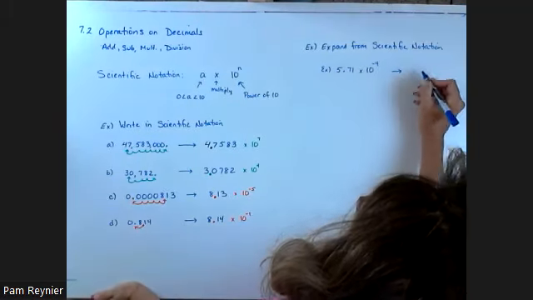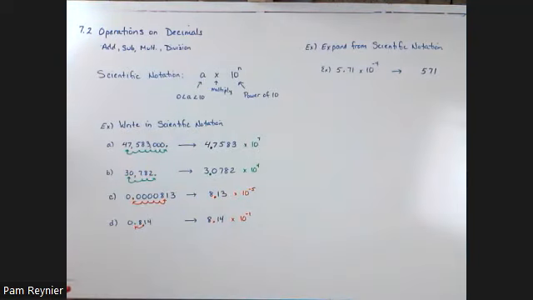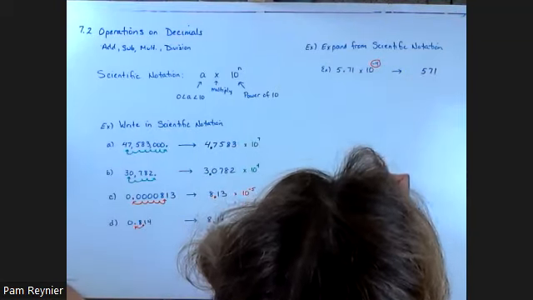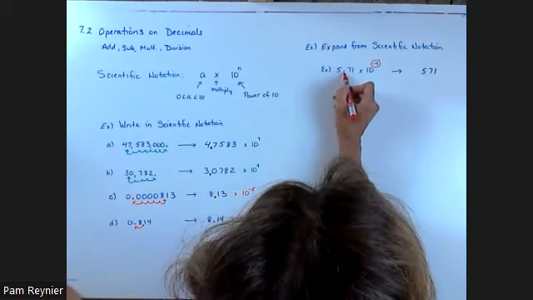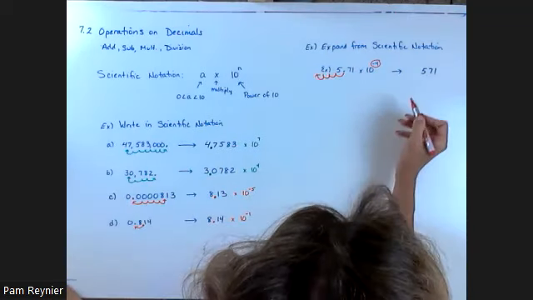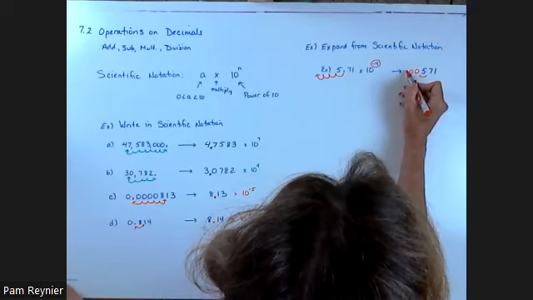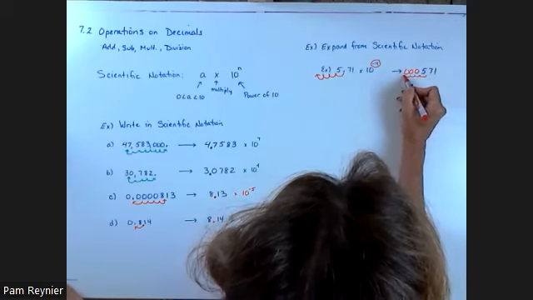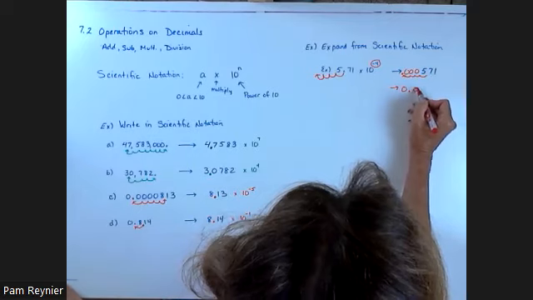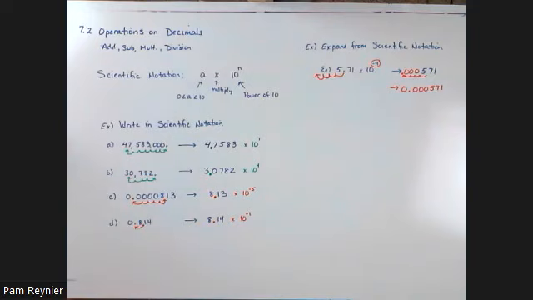Well, the numbers are the same, 571, but I've moved in the negative direction 4 places. So I started here, and I've moved 1, 2, 3, 4. Now I have to insert 2, 3, 4. And so my final answer would be 0 and 1, 2, 3, 5, 7, 1.